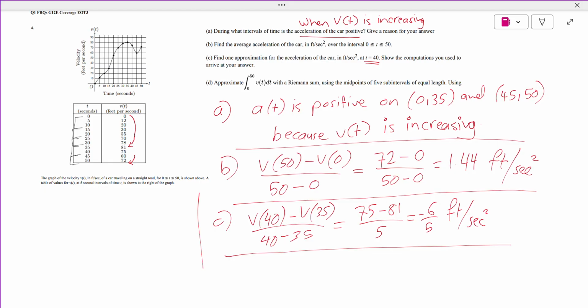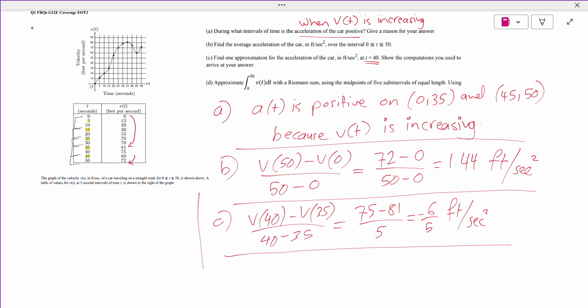Using the midpoint of 5 sub-intervals. So we've got 5 sub-intervals. Now the midpoint of the first interval is 5. The midpoint is, it's 15, it's 25, 35, and 45.